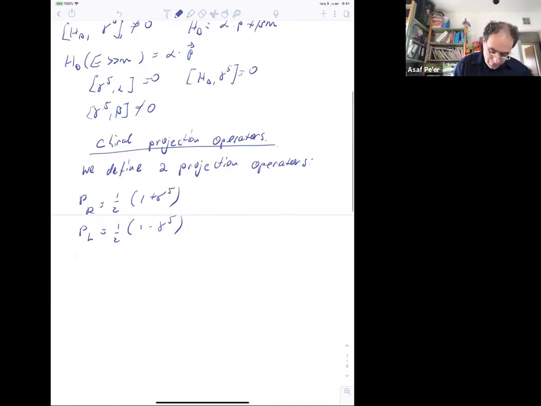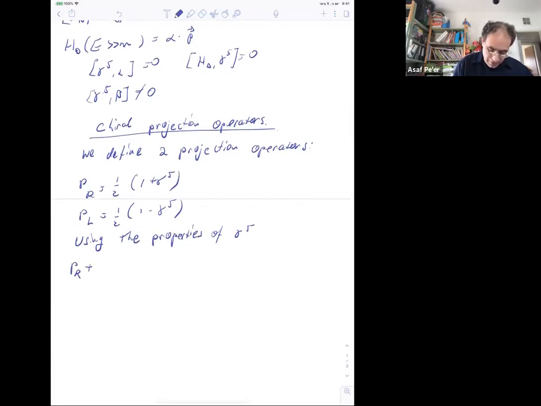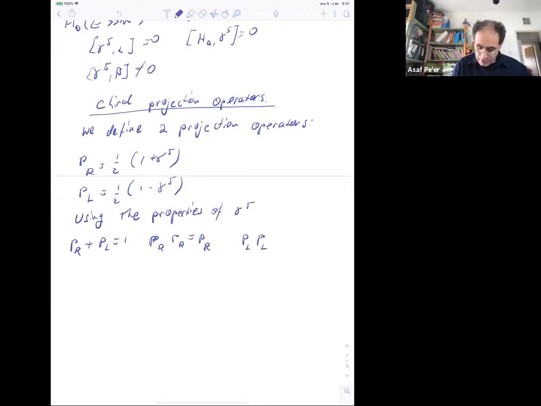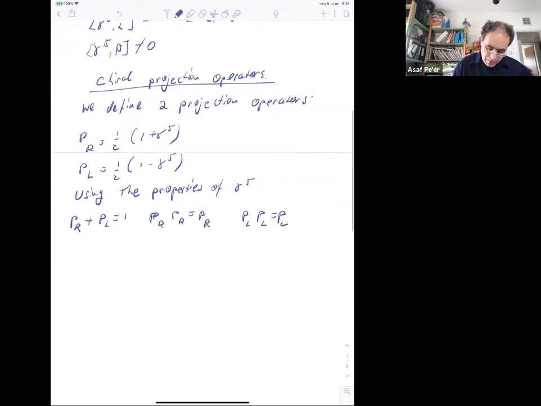For example, using the properties of gamma 5, we have that P_R plus P_L is 1, P_R squared is just P_R, P_L squared is just P_L, and P_R P_L is just 0. Which means that every spinor that we have, we can always write it as a sum of left and right-handed spinors, right?